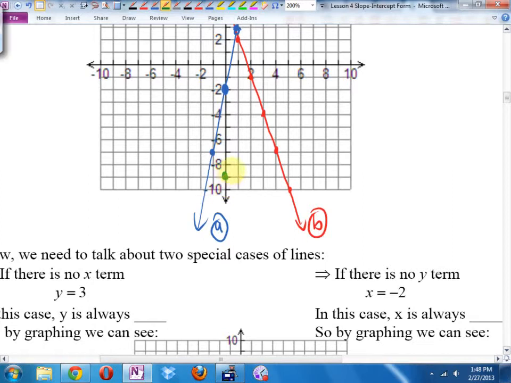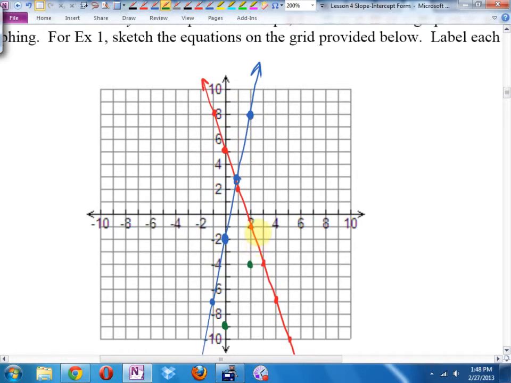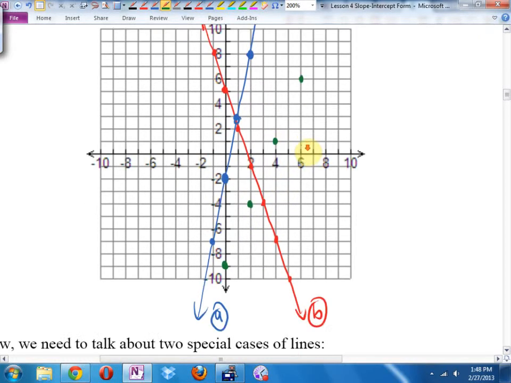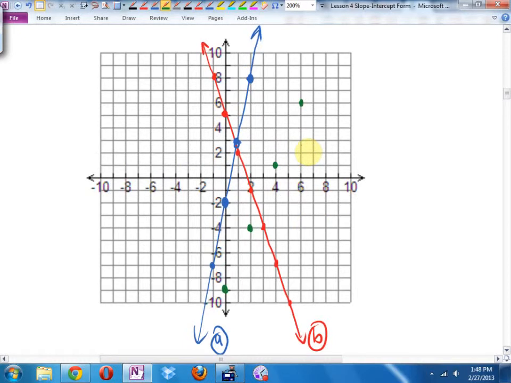Up 5, 1, 2, 3, 4, 5 over 2. There is line C.